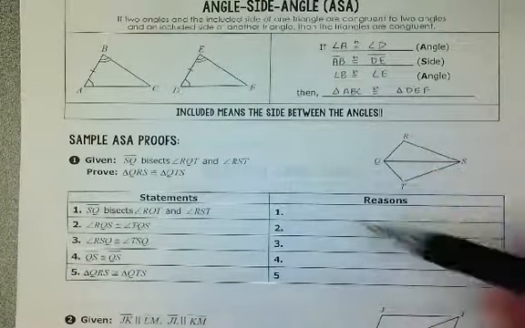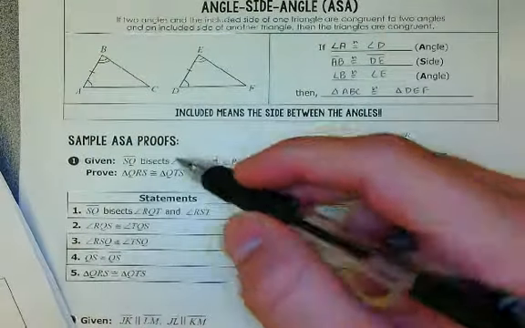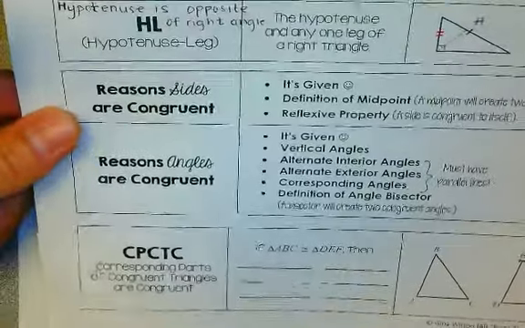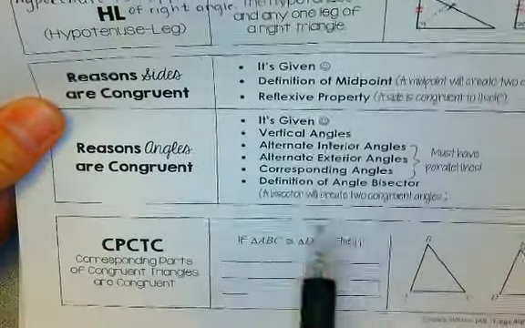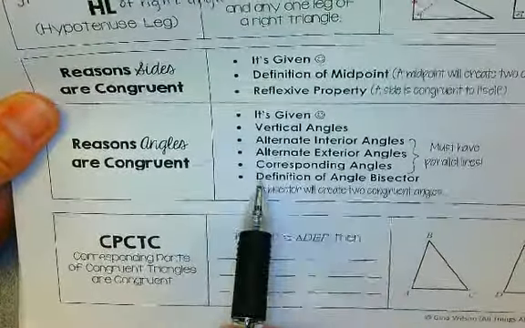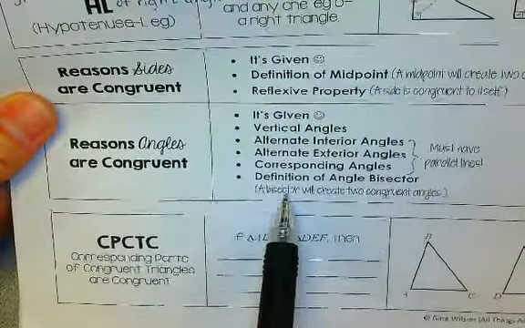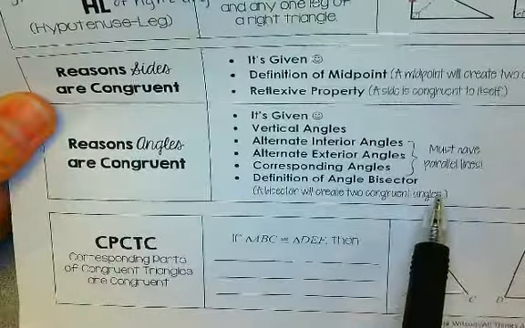Now, if you haven't figured this out already, if you see bisects, we're going to come over here to our reasons that angles are congruent. If you see bisects, you will always use the definition of angle bisector, because a bisector will create two congruent angles.